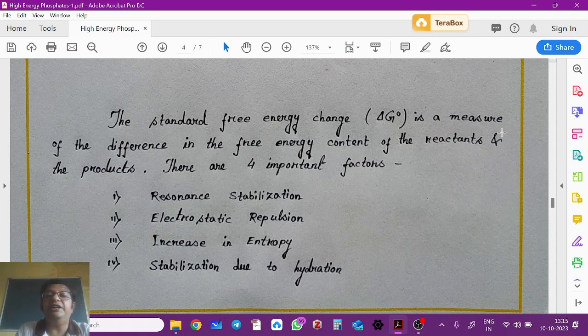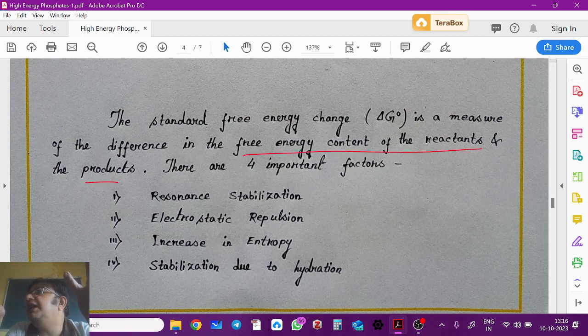So the standard free energy change is the measure of the difference in the free energy content of the reactants and products. Like I told in the last class, all the substrate and the product have some internal energy, that is the Gibbs free energy.